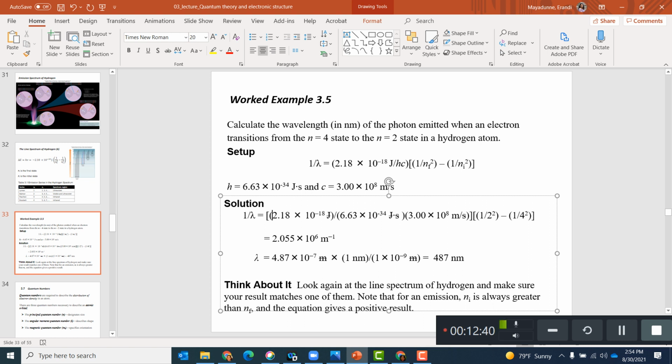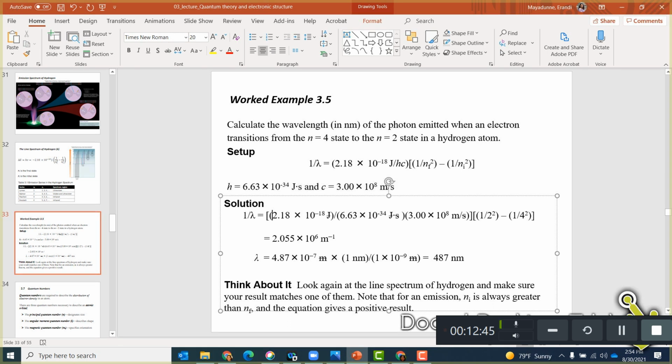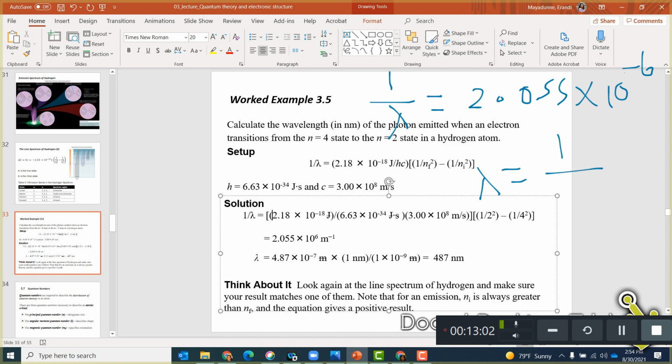So basically you get the answer: 1 over lambda equals 2.055 times 10 to the power 6. So to get lambda, 1 divided by 2.055 times 10 to the power 6.